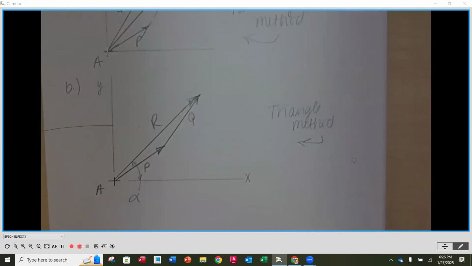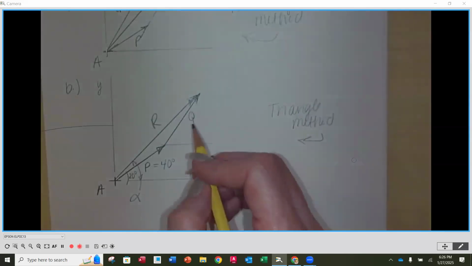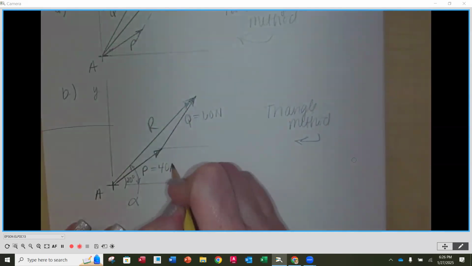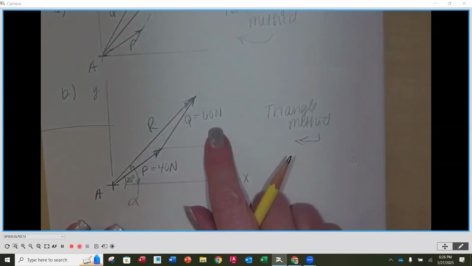Now, since we have a triangle here, we know that P is equal to 40 newtons, and that this angle right here is 20 degrees from horizontal. We also know that Q is equal to 60 newtons.